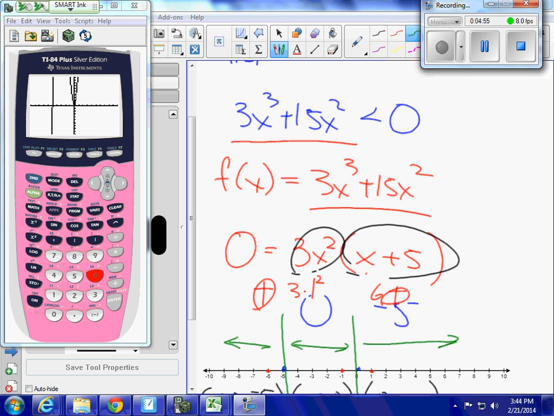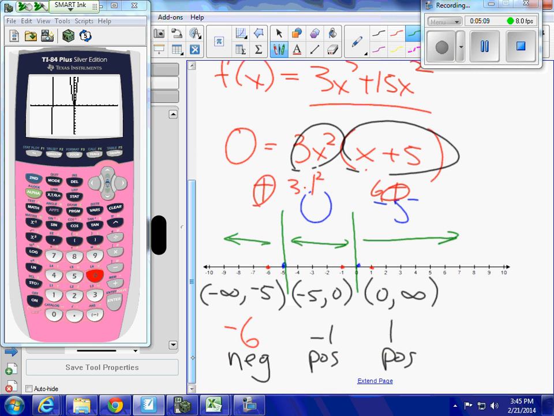So if I'm trying to get the answer to this inequality, where the values of y for this particular polynomial are less than 0, it's telling me this interval here is going to have all the negative numbers, so there it will be less than 0. This interval here is going to be positive. Positive numbers are greater than 0.